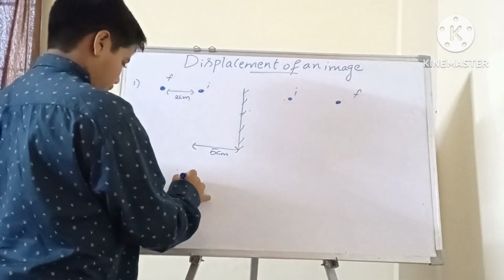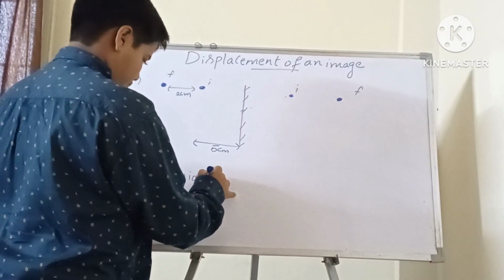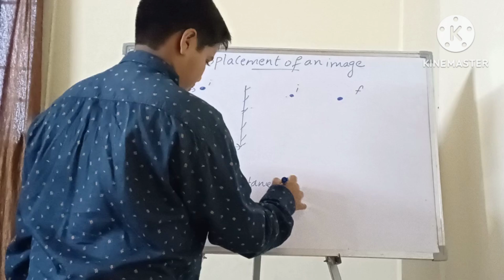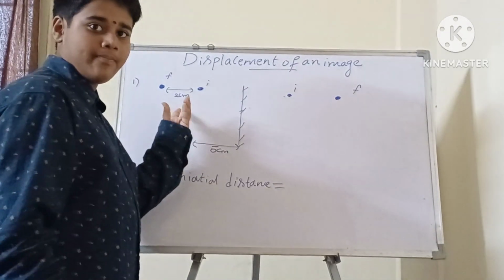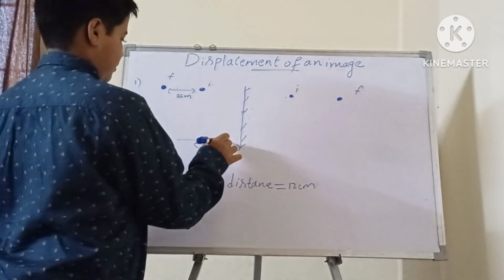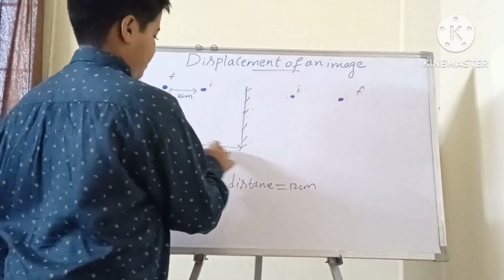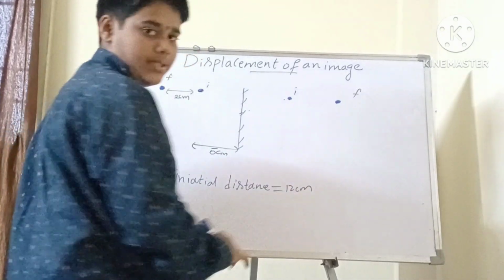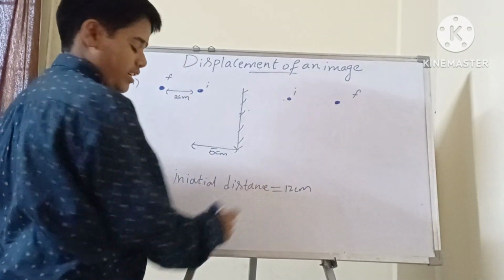So this is initial and this is final. Here the initial distance is 12 centimeters because this is 5 centimeters and this is 5 centimeters and this is 2 centimeters. We have to count the initial distance.